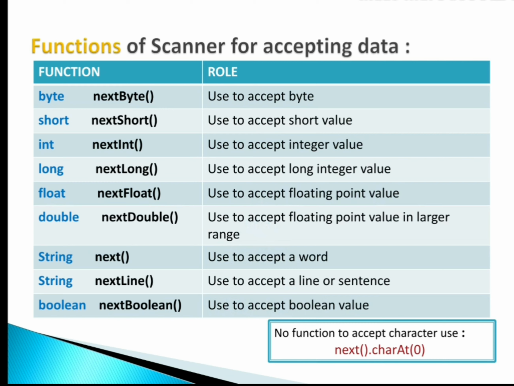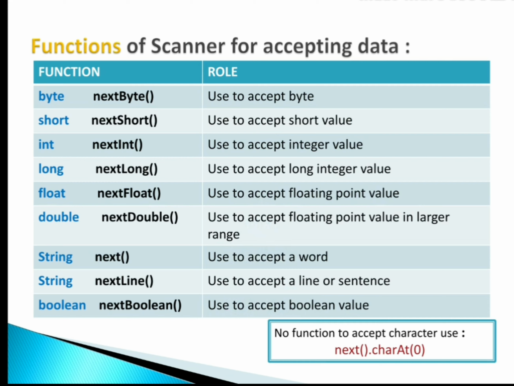Actually, when we want to accept a byte, then we have to write nextByte. Next indicates a token, and nextByte doesn't require any conversion. Then we have nextShort, nextInt. In the time of BufferedReader, we have to write Integer.parseInt(in.readLine()). But in this, you have to write object name dot nextInt, object name dot nextLong.